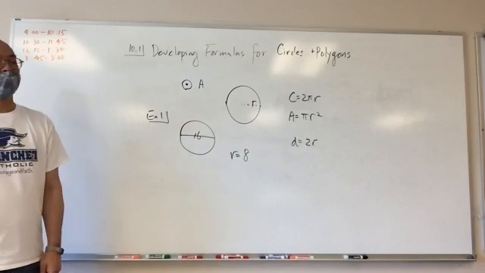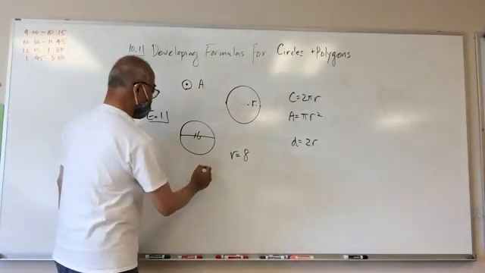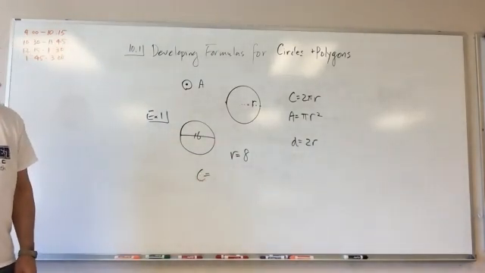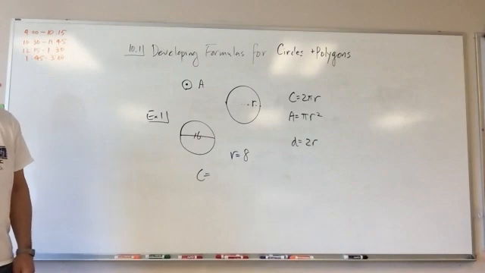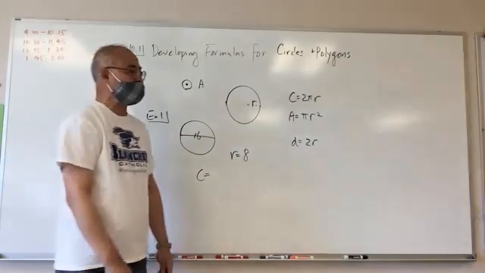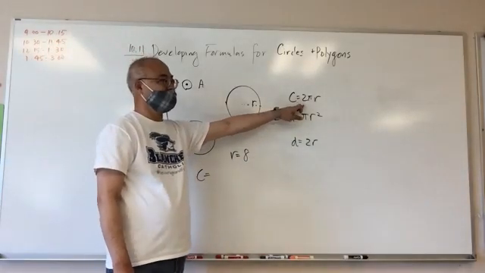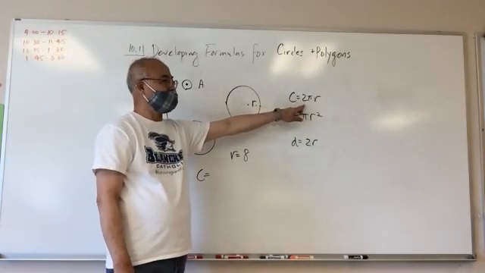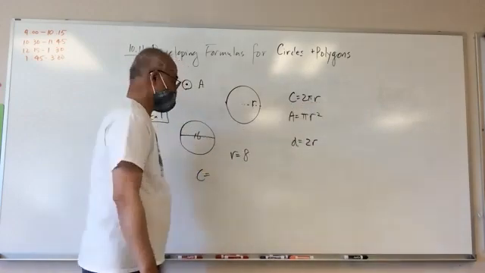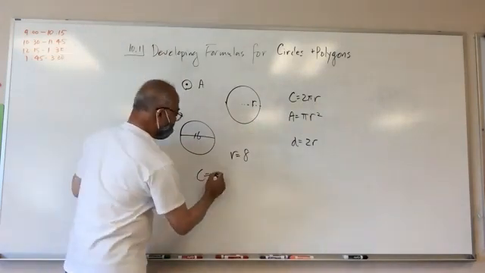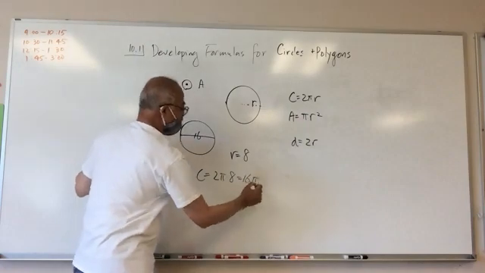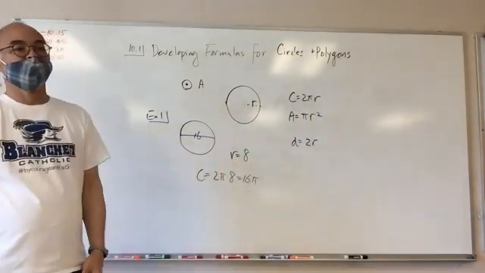Therefore, the circumference, hold it. So it'd be 8 pi. So it'd be 2 times pi times 8, 16 pi, right? So 2 pi, 8, 16 pi. Okay.